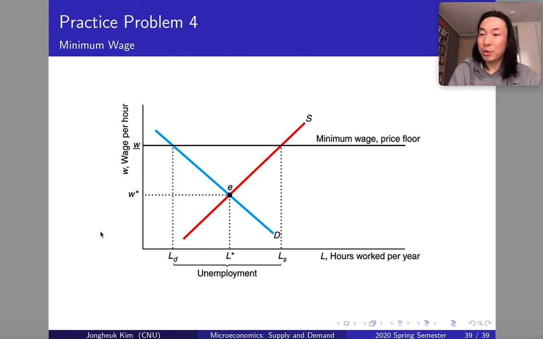So employment will be reduced from L star to LD, so there will be more unemployment. But if you get hired, you're going to get paid higher, from W star to W bar. So if you get hired, you're going to get a better life, but it is harder to get a job. So this is the result of the minimum wage.